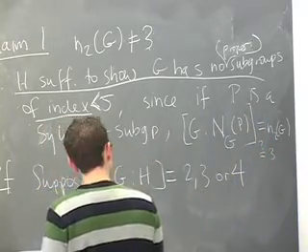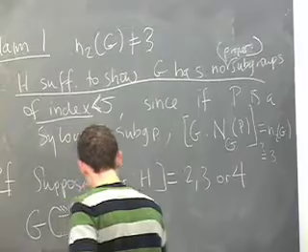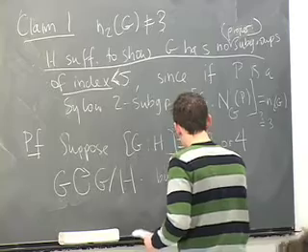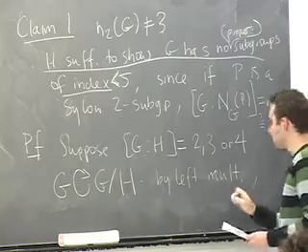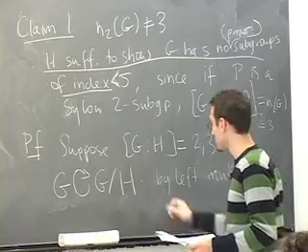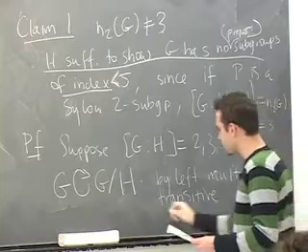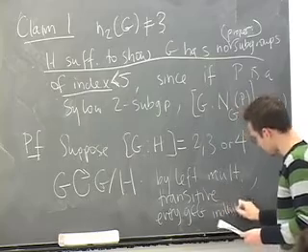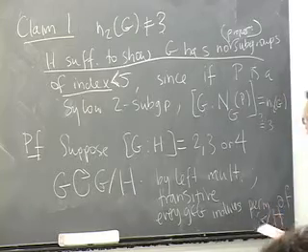Then I have an action of G on the coset space by left multiplication. We know that the action of a group on its coset space by left multiplication is transitive. So that's good. And every g in G induces a permutation of this coset space, G mod H.